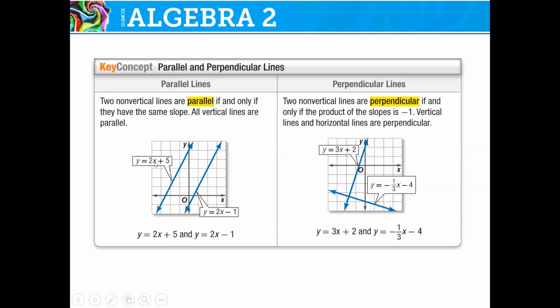Here we have y equals 2x plus 5, and here we have y equals 2x minus 1. So same slope, or value of m, but different intercepts. They have to have different intercepts because if they had the same intercept, they would be the same line, and that does not correspond to parallel.